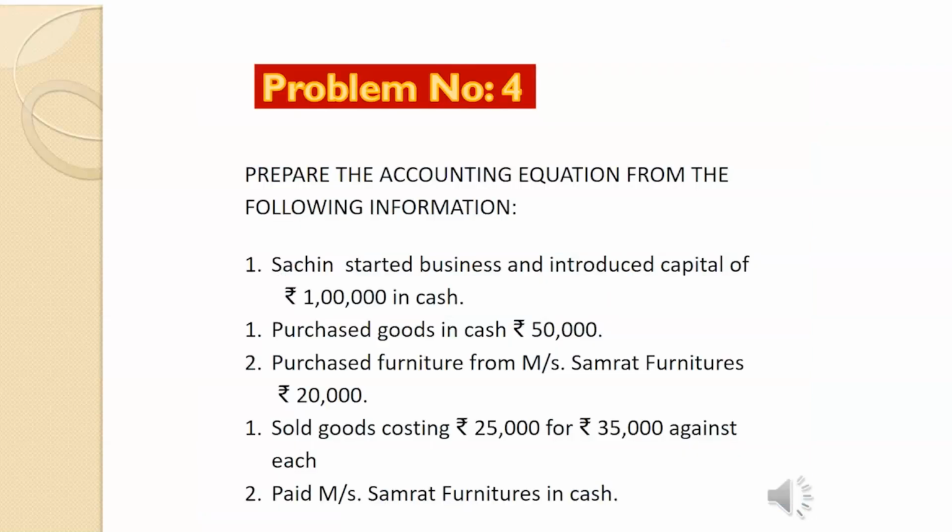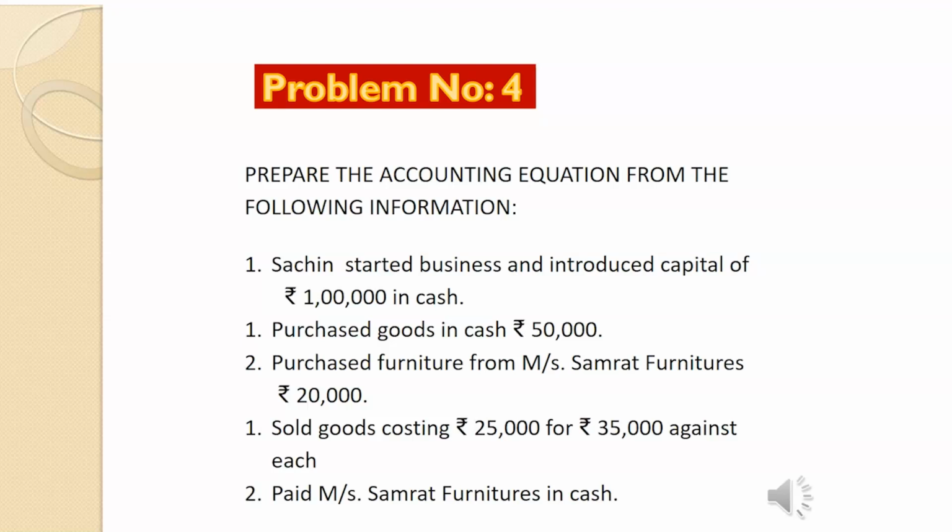Okay. Now let us see problems in accounting equation. Prepare the accounting equation from the following information. Sachin started business and introduced capital of rupees 1 lakh in cash. Second transaction, purchased goods in cash rupees 50,000.